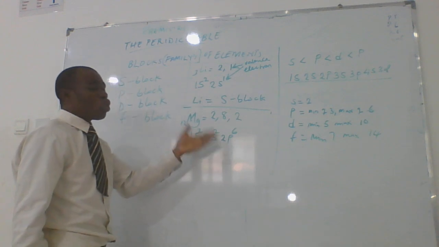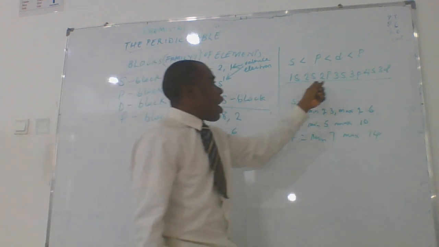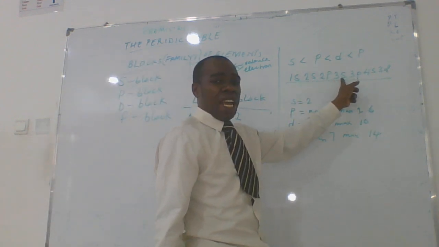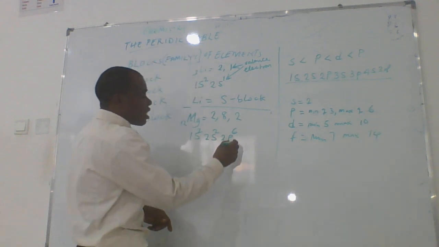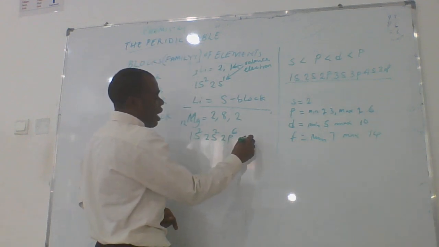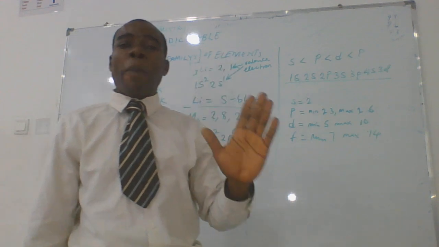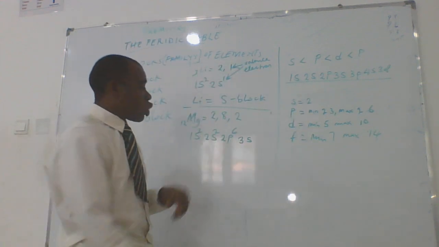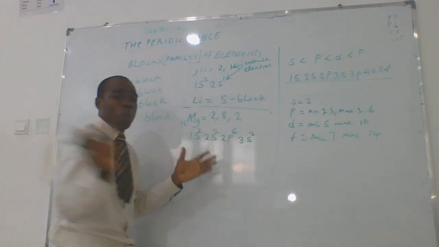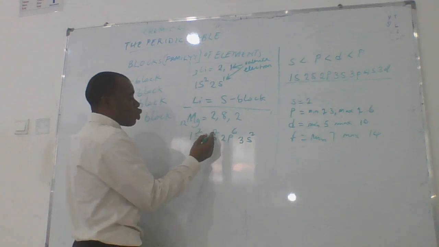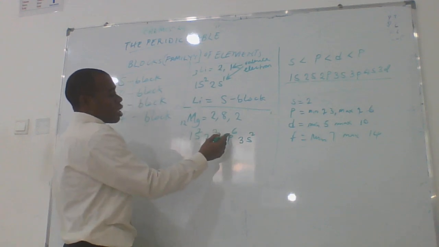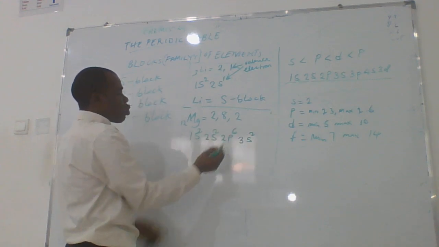Now I'm left with just 2 electrons. After 2p is 3s, so my next electrons move to 3s. Don't forget, s can take only 2, so I put the 2 here. Let's sum it together: 2 plus 2 is 4, plus 6 is 10, plus 2 is 12.